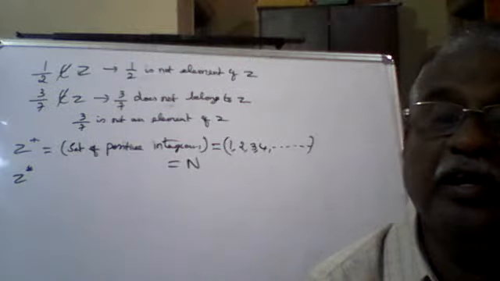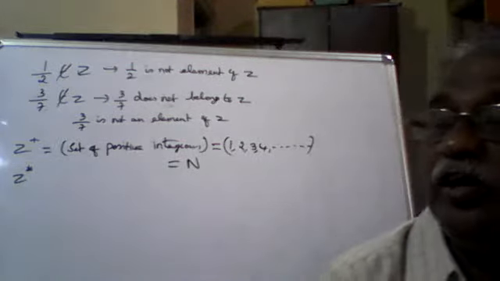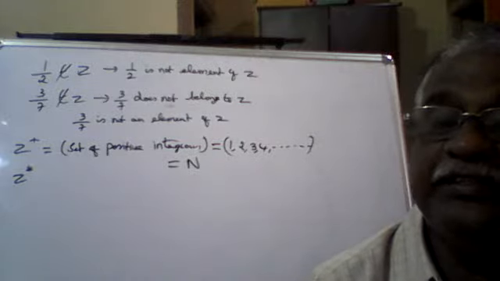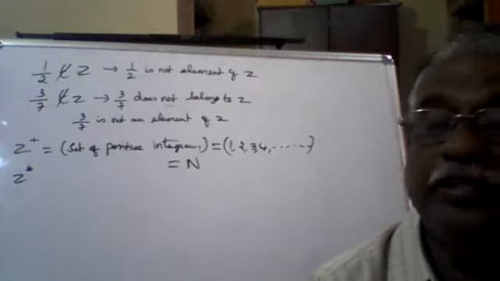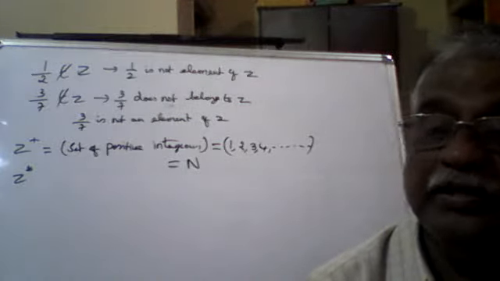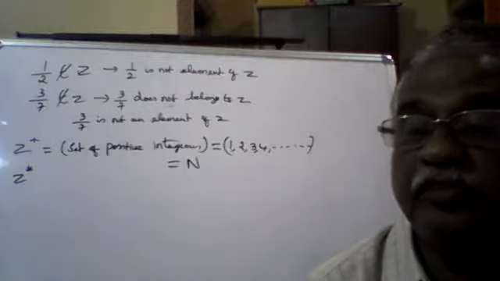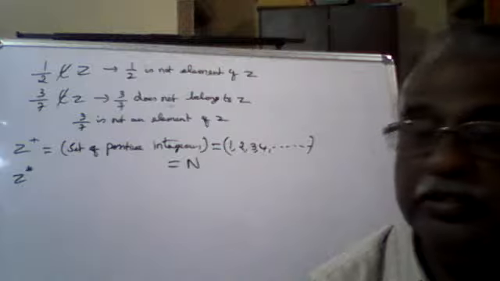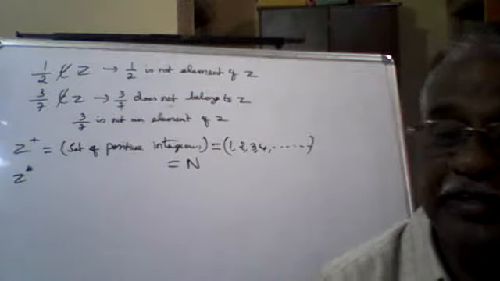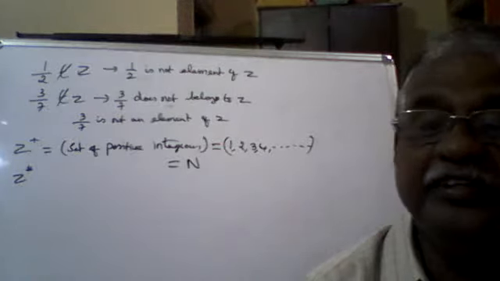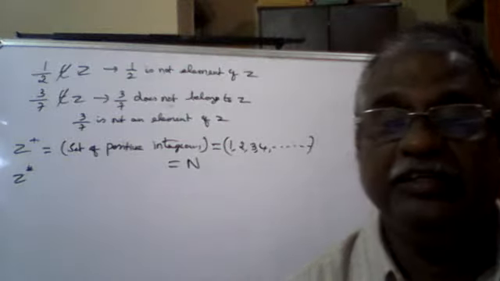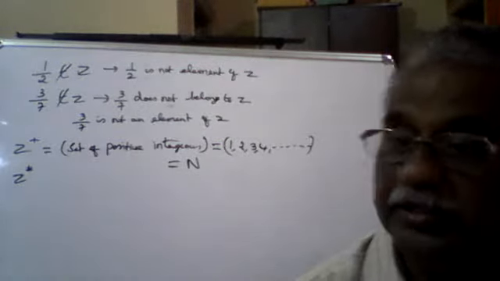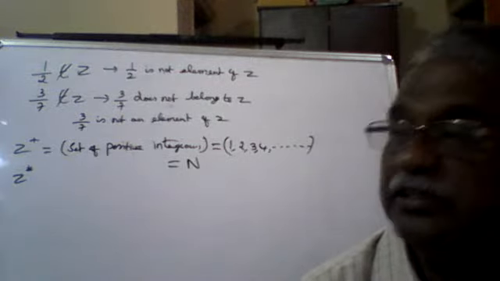This Z star is used in the higher syllabus. So Z plus is the set of positive integers, and Z star goes from 0, 1, 2, 3, 4, 5, 6. Sorry for today, a lot of disruptions on the board and other things. From tomorrow, we'll make it more apt.